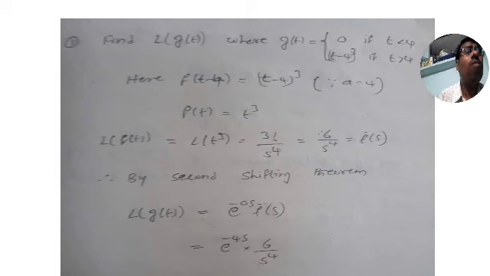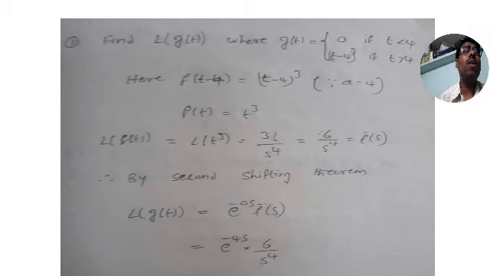It is 0 for t less than 4 and it is t minus 4 whole cube for t greater than 4. So comparing, what will you get? The value of a is 4. In the definition we are given t less than a and t greater than a; now we have t less than 4 and t greater than 4. Therefore a is equal to 4.